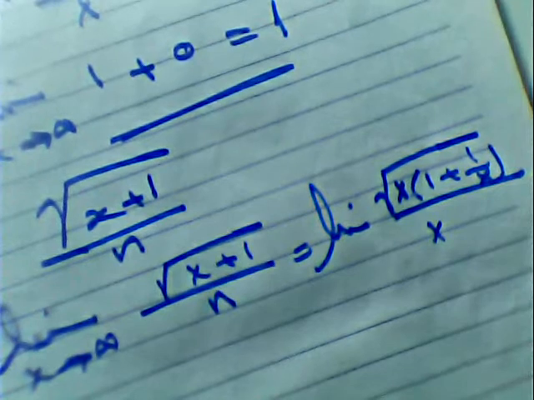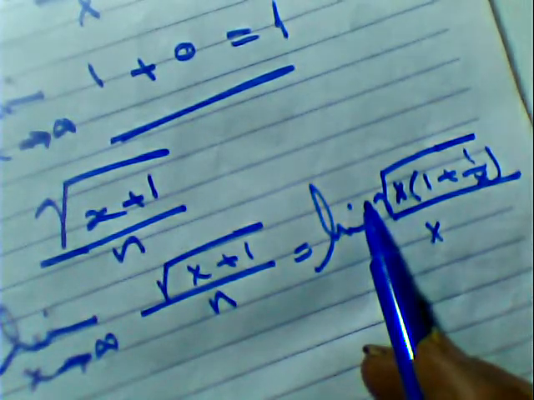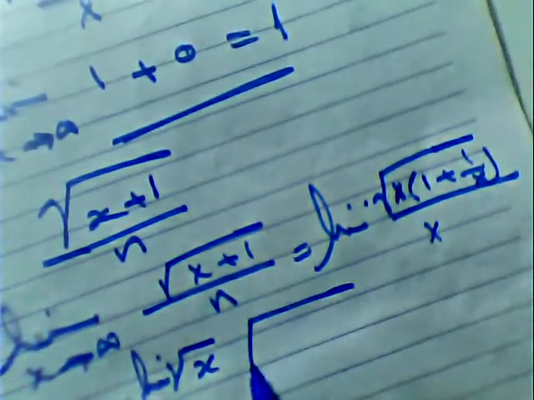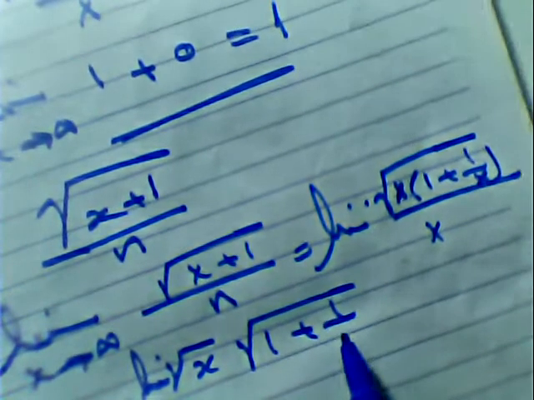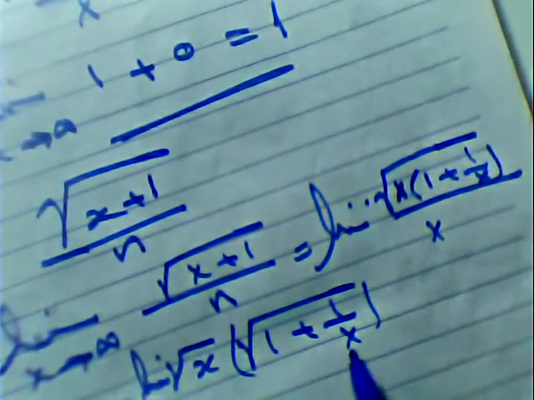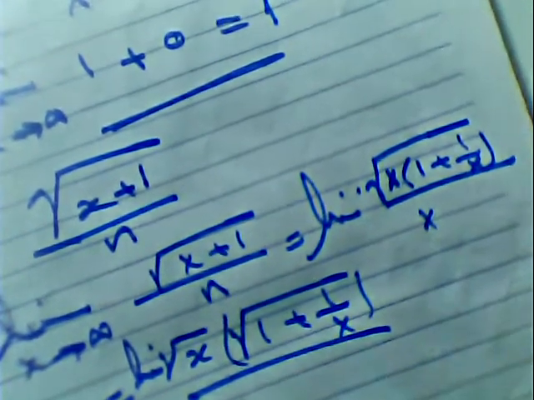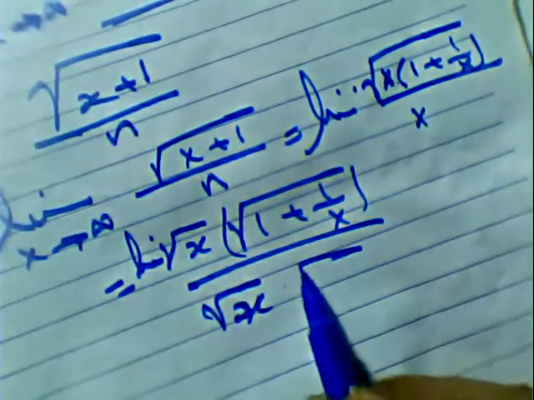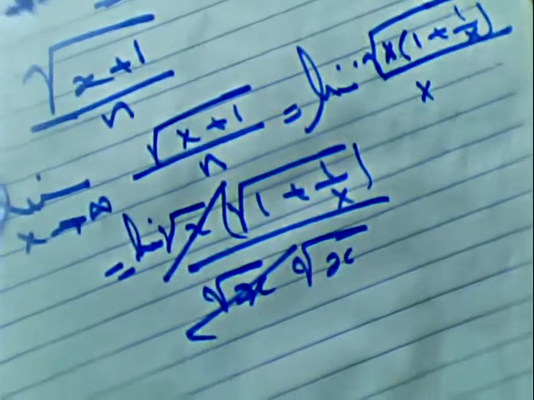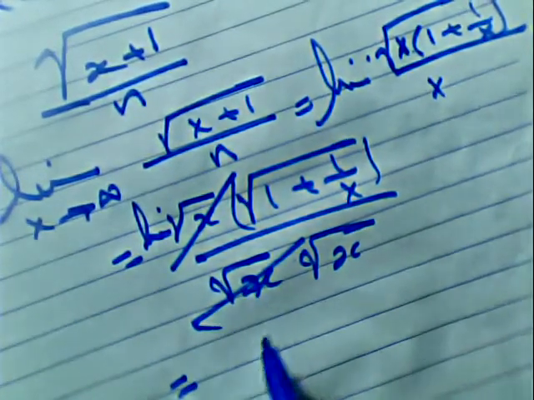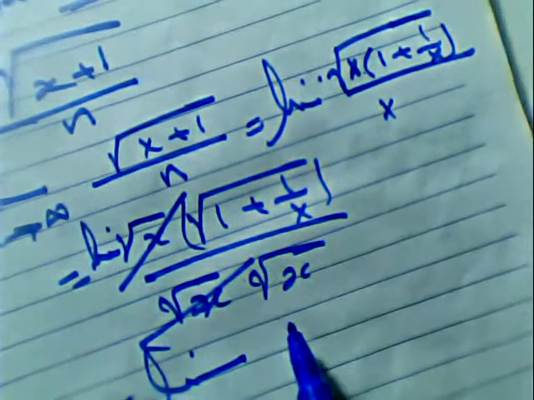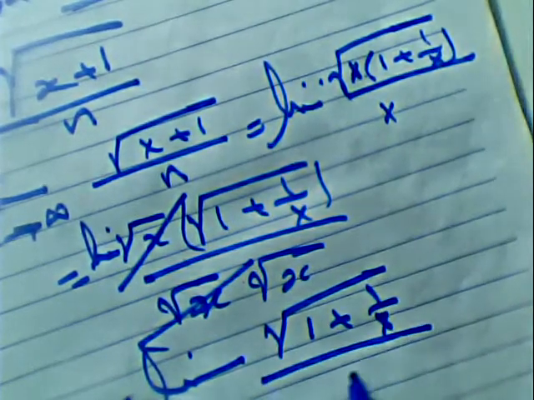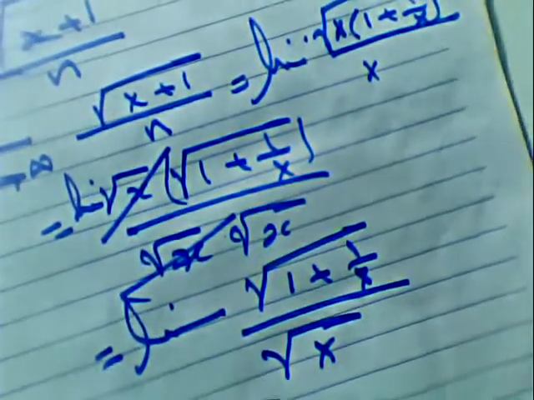Then x comes outside the square root, so the limit of square root of 1 plus 1 over x over square root of x equals 0.